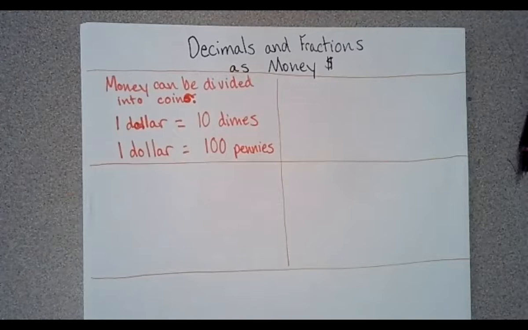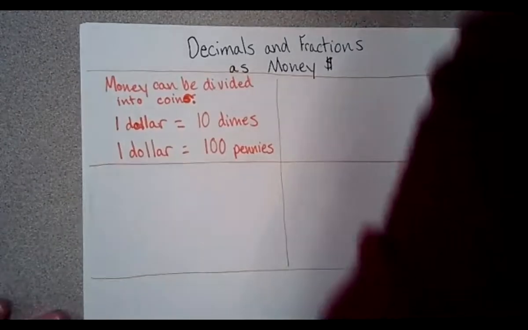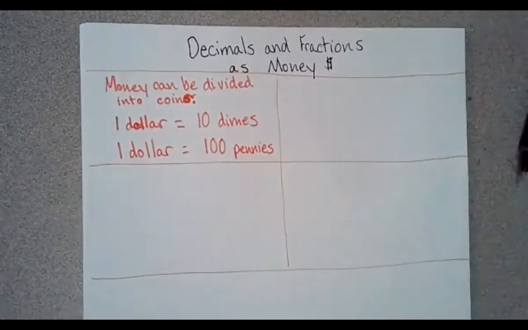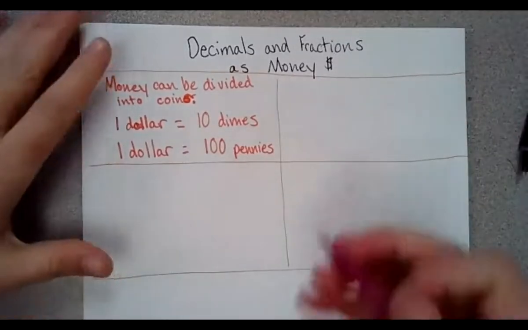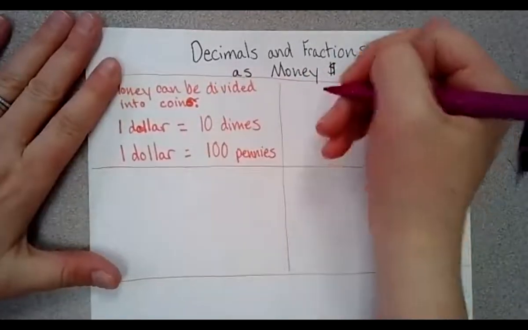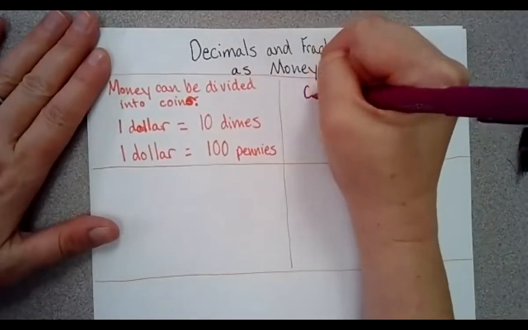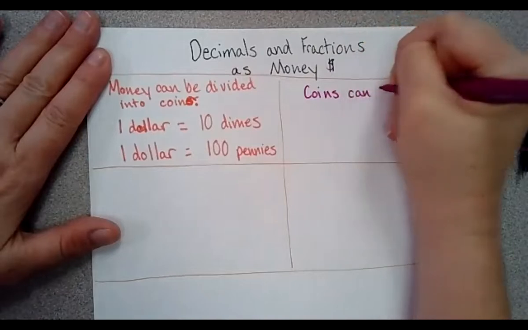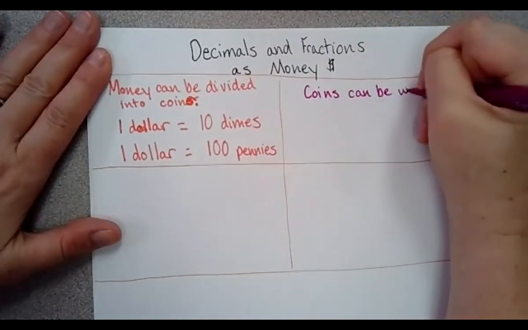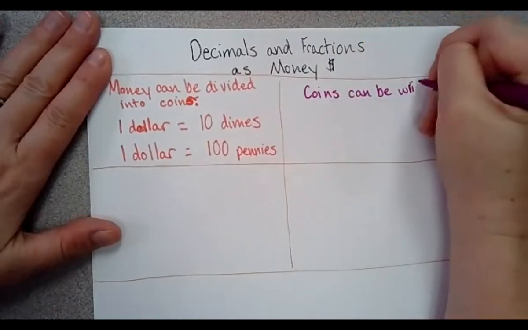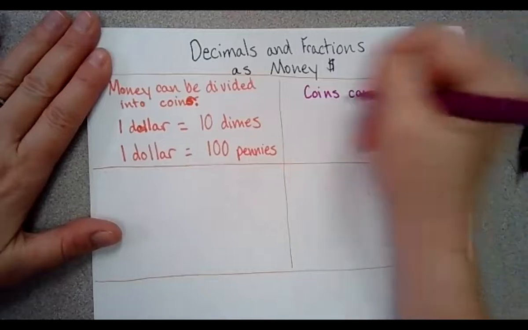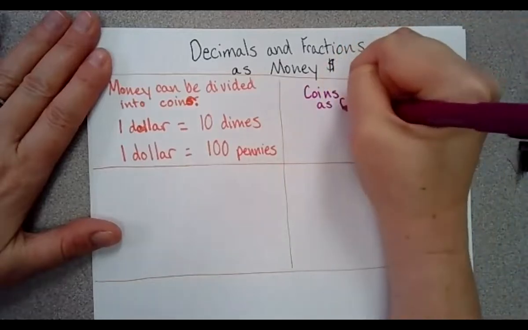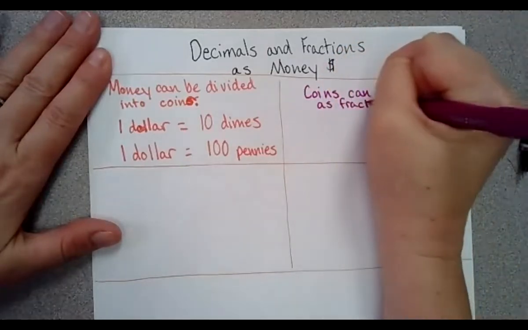And so what that means is that I'm going to take out my marker here, and then you can write that coins can be written as fractions. So write that down. Coins can be written as fractions.